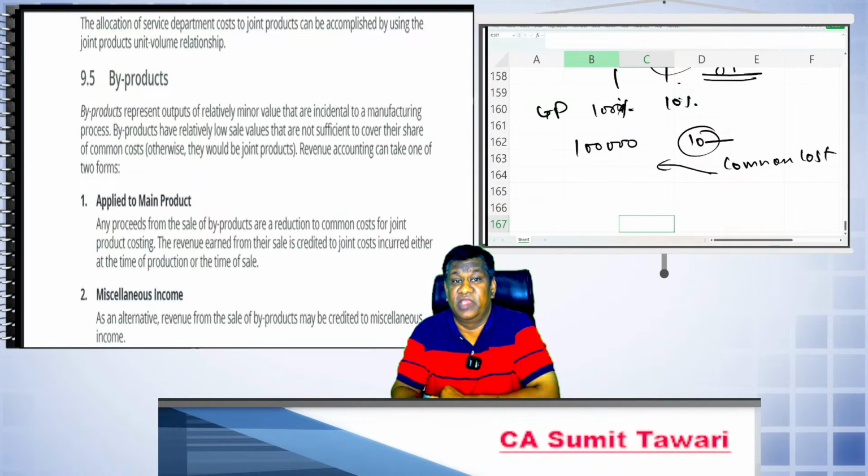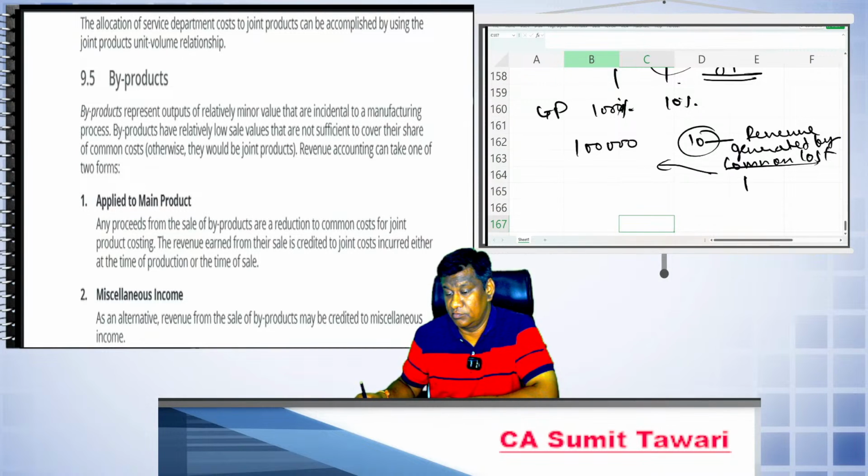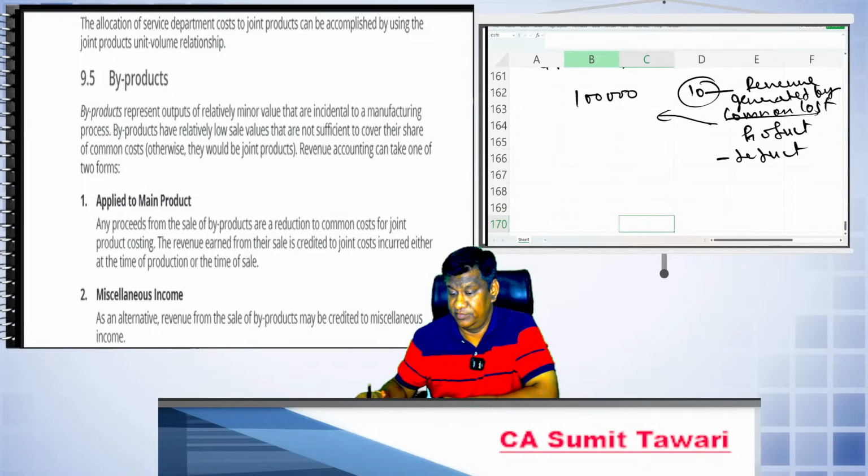Applied to the main product, any proceeds from the sale of byproduct are a reduction to common cost for joint product costing. The revenue earned from their sale is credited to joint cost incurred, either at the time of production or at the time of sale. So whatever revenue is generated from the byproduct, that we deduct from the cost of the main product, and we are not doing any separate costing of the byproduct.